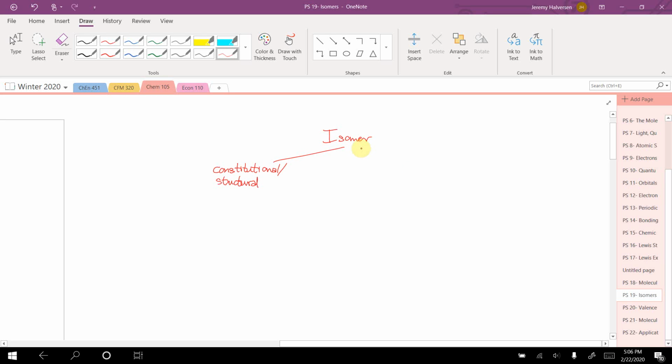And over here we're going to have stereoisomers. Stereoisomers is going to split into enantiomers and diastereomers.